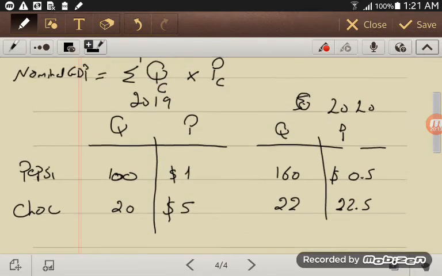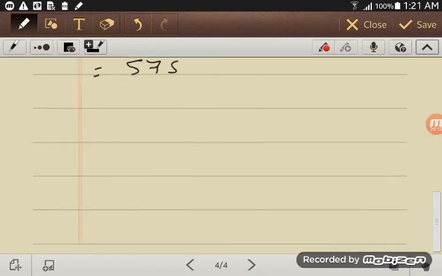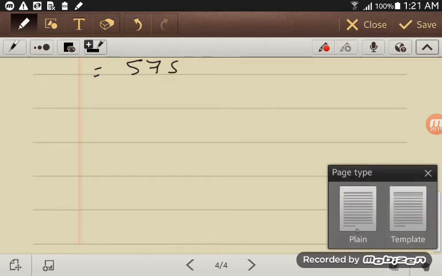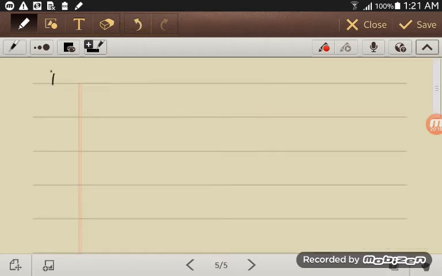Okay, what about real GDP? Real GDP is calculated as market value of all final goods and services valued at base year price or constant prices.